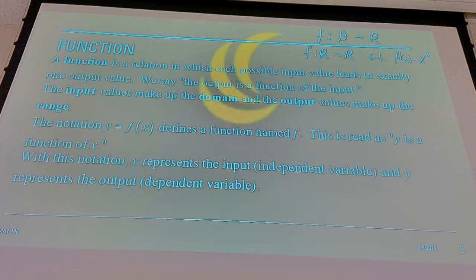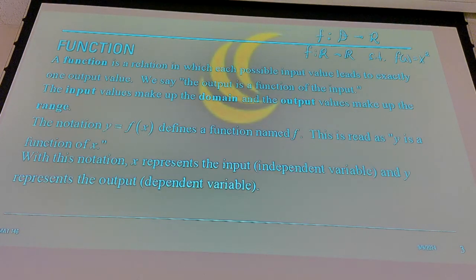The reals, that second set there is what we would call the codomain. The range is all of the outputs you can get. But it's kind of a pain to write it for x squared.